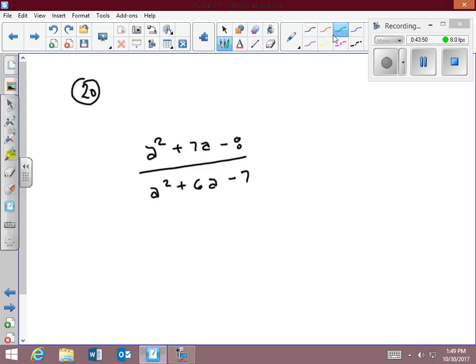Now you look at that top and notice that the trinomial in descending order has a positive leading term, and if that factors, it's going to factor into (a plus 8)(a minus 1).